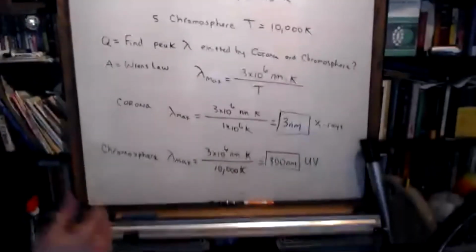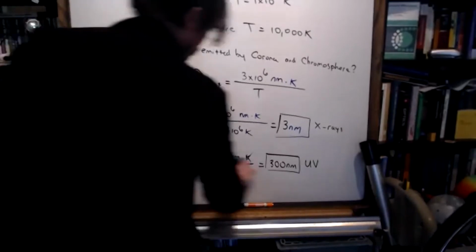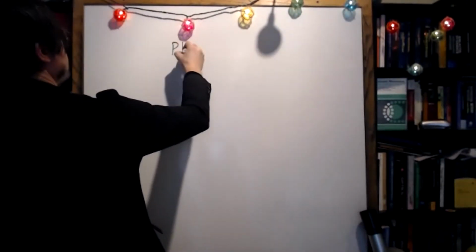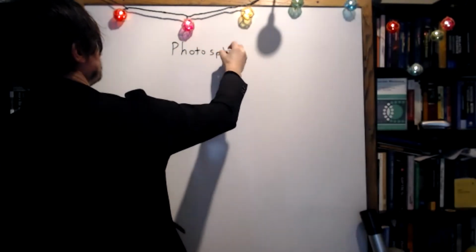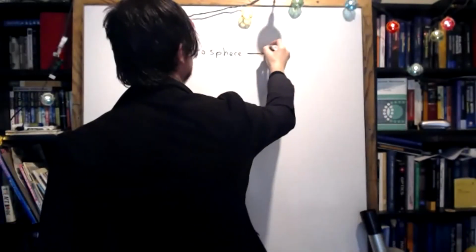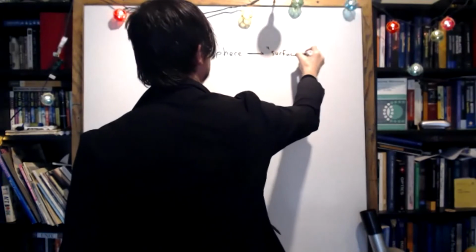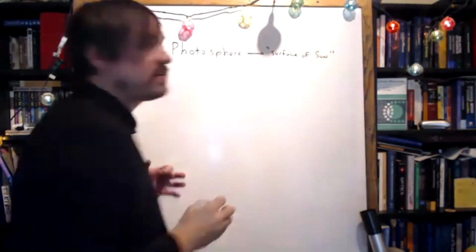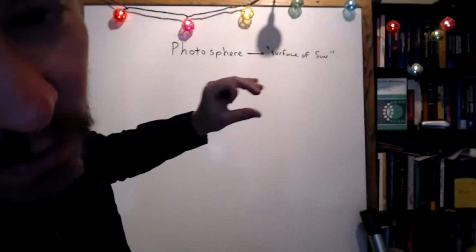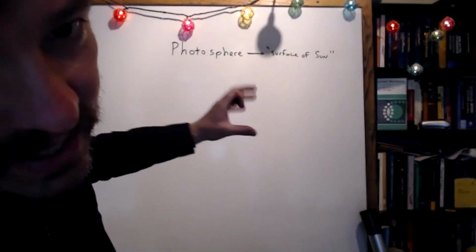I'm erasing here. Let's talk about the photosphere a lot. The photosphere is kind of like the surface of the sun. But it's not a surface in a physical sense, because it's actually made of a gas, a gas that I don't want to call thin, similar to the density of air in this room.